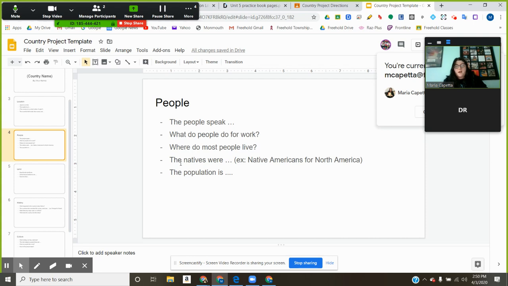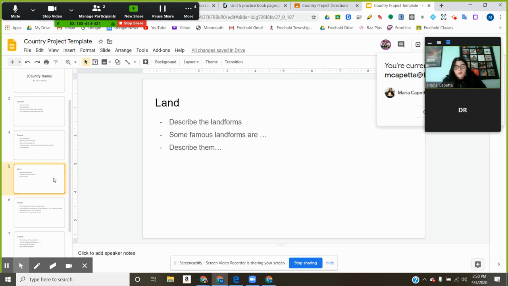So don't worry about that, okay? Different land forms. There's like the two islands you can talk about. You can talk about all the mountains that are in Japan, things like that, okay? And then make sure you add pictures because the pictures help you tell the story, right?